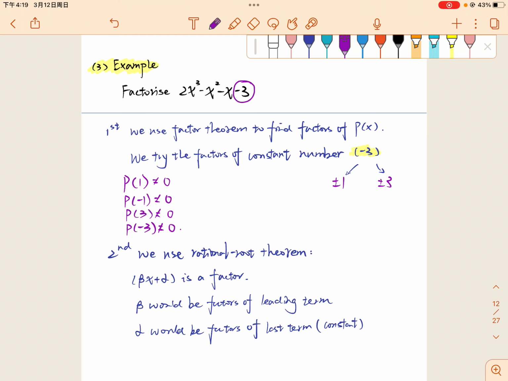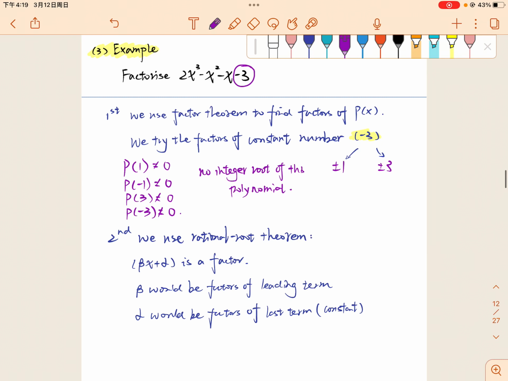So that means there's no integer factor, or say no integer root, of this polynomial. So this is the case where we need to use our rational root theorem. If integers don't work, then we try fractions.